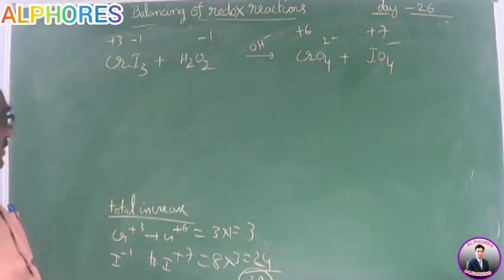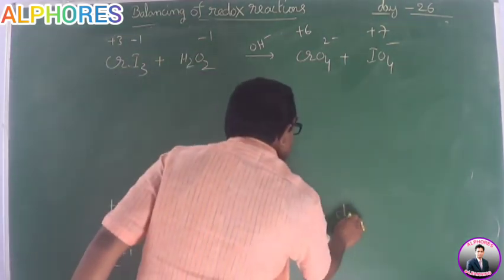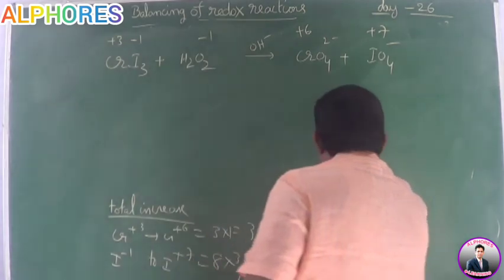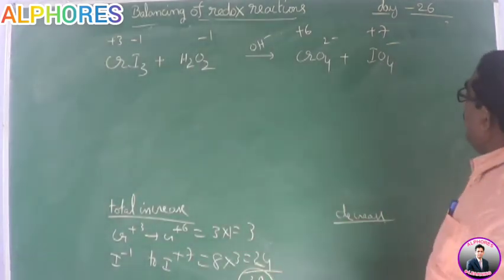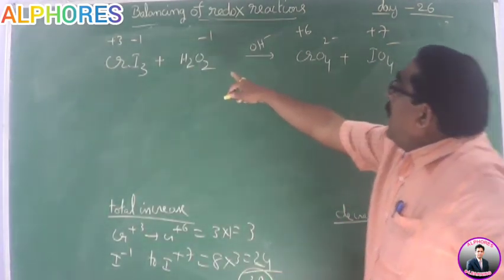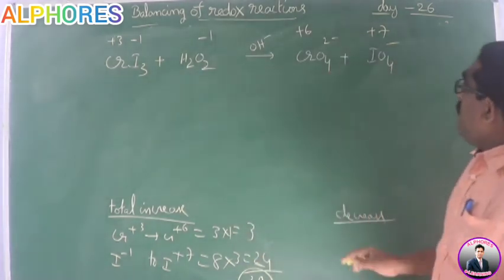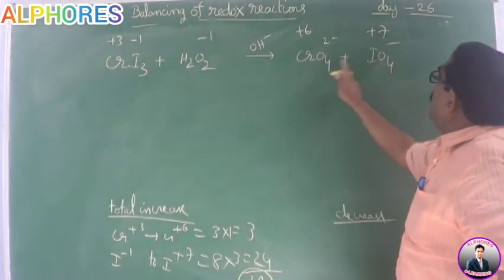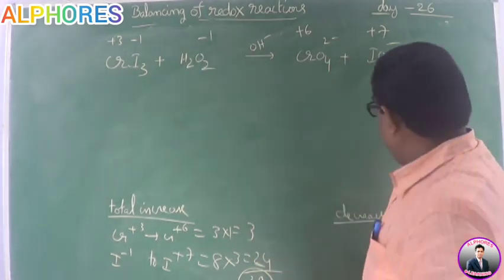Now the decrease. Write down, students. Oxygen minus 1 to minus 2; oxygen in both the species is minus 2.